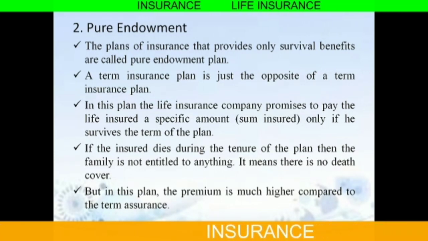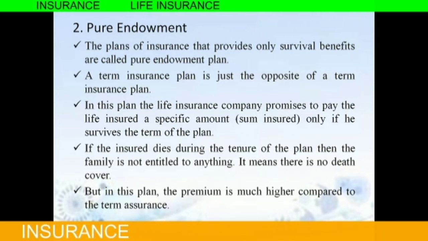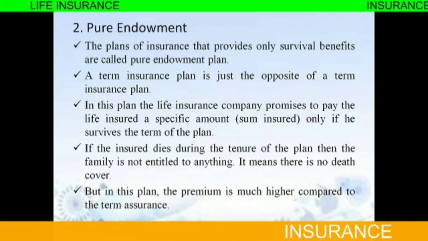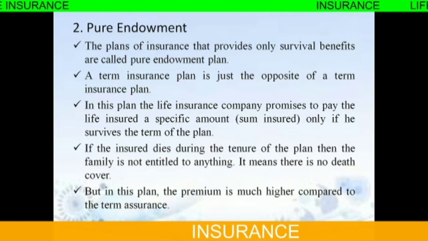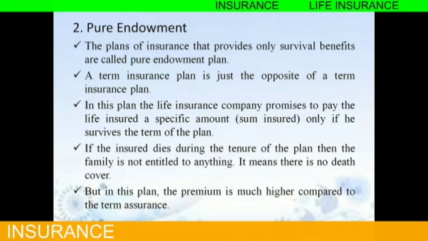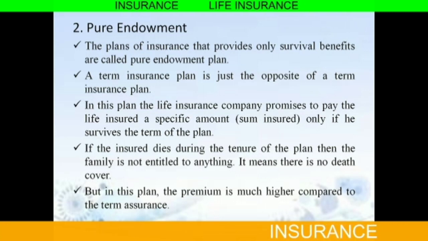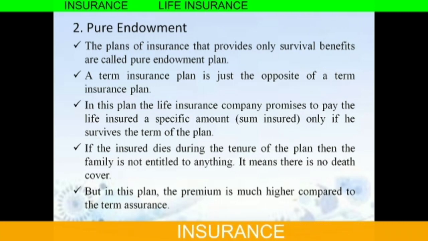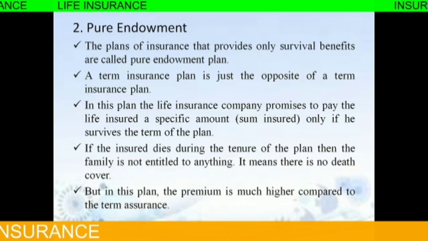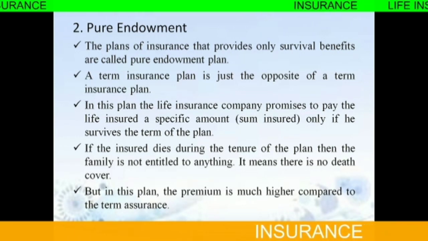In this plan, the life insurance company promises to pay the life insured a specific amount only if he survives the term of the plan. If the insured dies during the tenure of the plan, then the family is not entitled to anything. It means that there is no death cover. But in this plan, the premium is much higher compared to term insurance. So that is the importance of a pure endowment plan.